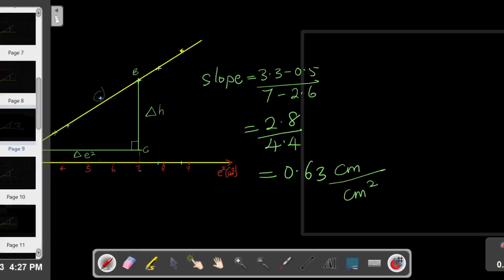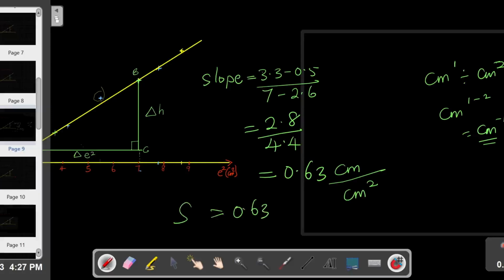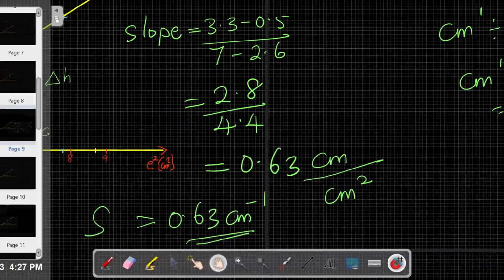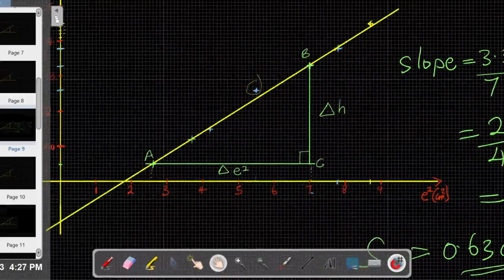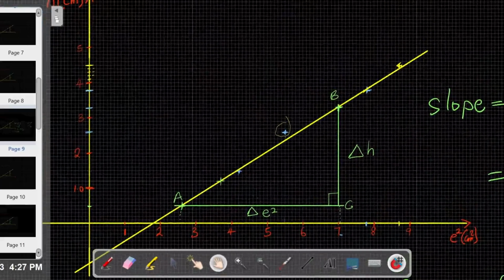Now look at it in maths: if you have cm raised to power 1 divided by cm raised to power 2, it is going to be cm to the power 1 minus 2, which is cm to the power minus 1. Therefore, the slope is going to be 0.63 cm⁻¹. All right, so that is our slope. This is our slope from the graph we just plotted.